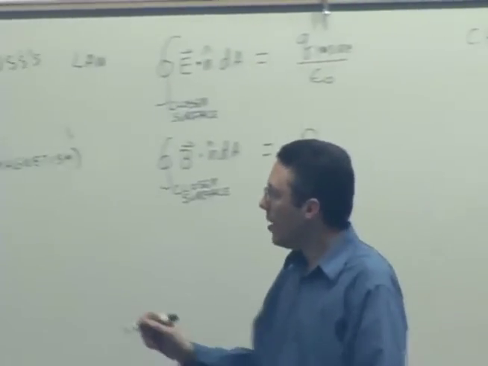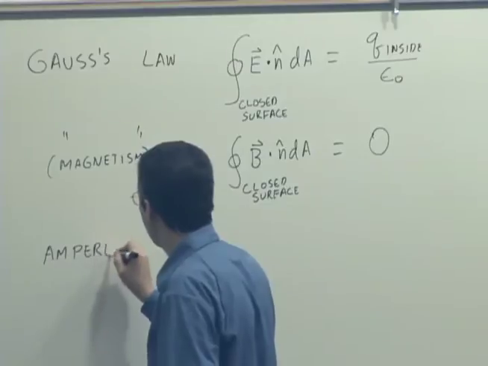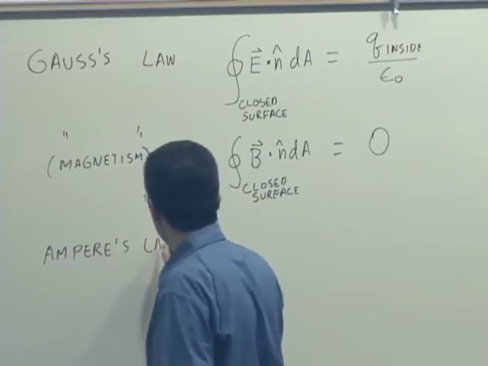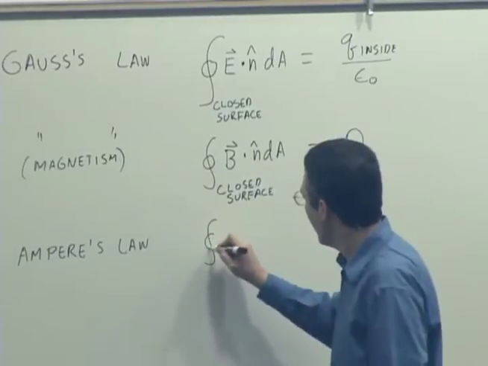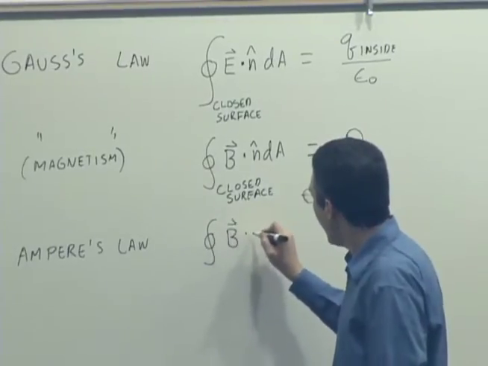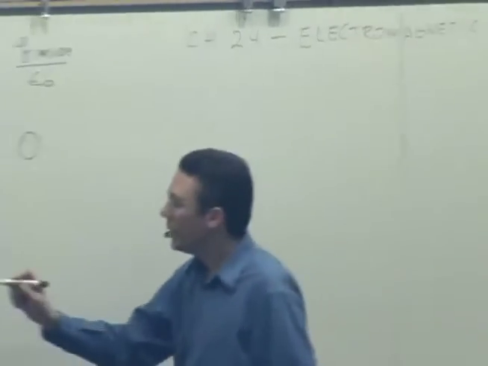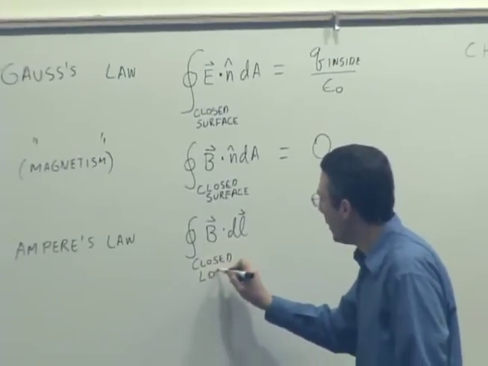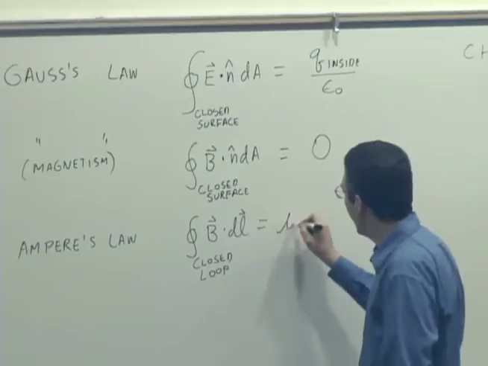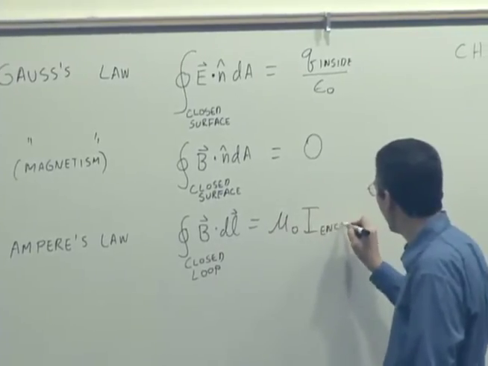We saw Ampere's law, which says that the magnetic field pattern over a closed loop, so if we're integrating not over an area but over a loop, this path integral of the magnetic field tells us about the current that's passing through that loop, the enclosed current.